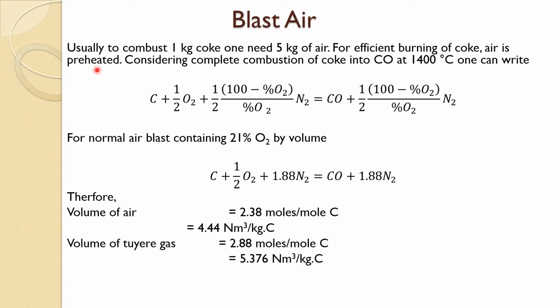So, air is preheated, and considering the complete combustion of coke at 1400 degrees Celsius, one can again write the chemical equation for that. And if it is a normal air blast, because it has 21% oxygen, one can get the moles of nitrogen.